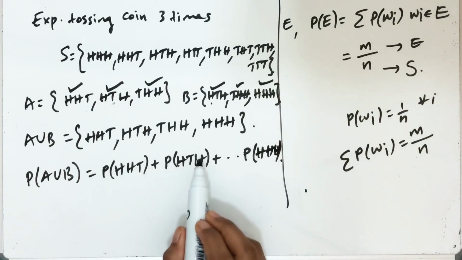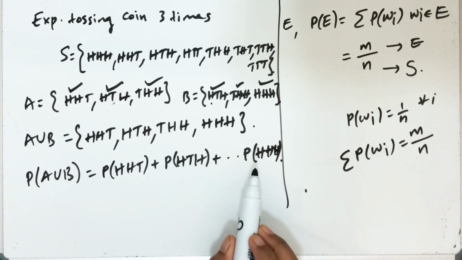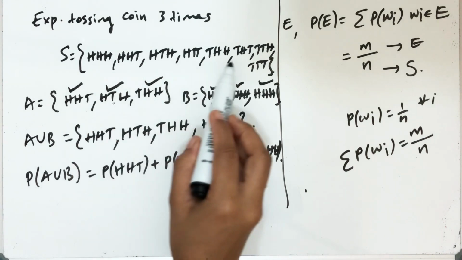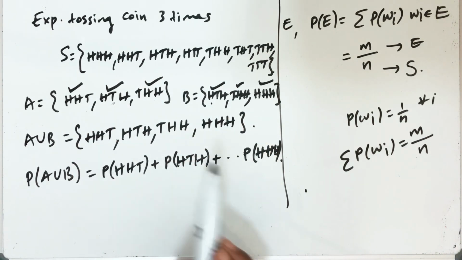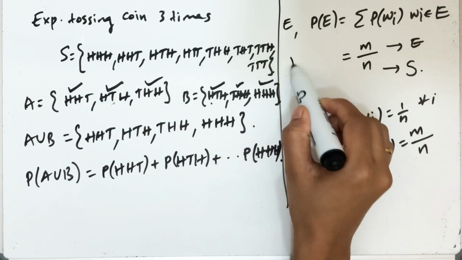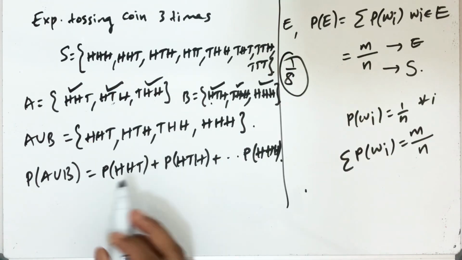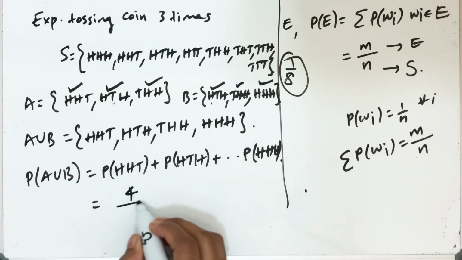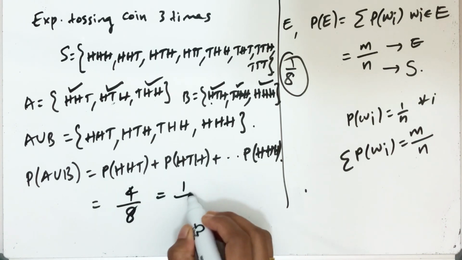If probability of each event is given, we can substitute. Or if the outcomes are equally likely, then each probability will be 1 by 8. Here S has 8 elements. So each element has probability 1 by 8. So this will be 1 by 8 plus 1 by 8 plus 1 by 8 plus 1 by 8. That is 4 by 8, which is equal to 1 by 2.